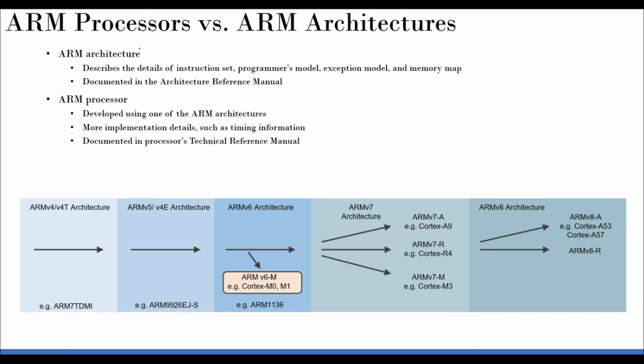ARM architecture means the programmer's model: the layout of the registers, the layout of the memory, how interrupts are handled, and what the instruction set is, what all the instructions possible for a given processor are. That is the meaning of architecture. So it is a software architecture, not the real hardware architecture, is what they mean.